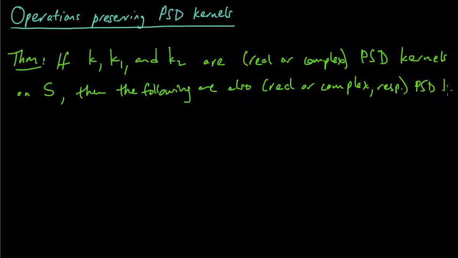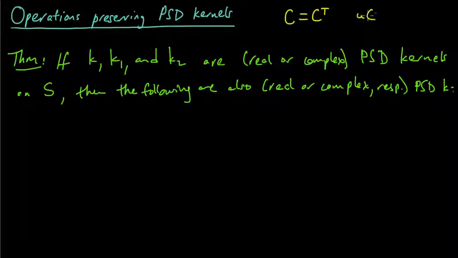So maybe just to remind you briefly, a real positive semi-definite kernel, that's the one we've been mostly using, has the property that it's symmetric. So for any finite number of points, the matrix that you get, maybe C, is symmetric, so it's equal to its transpose.